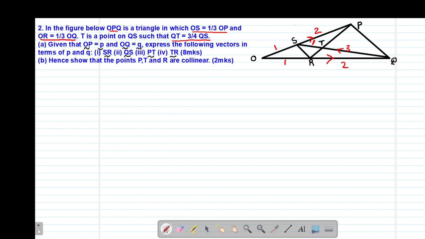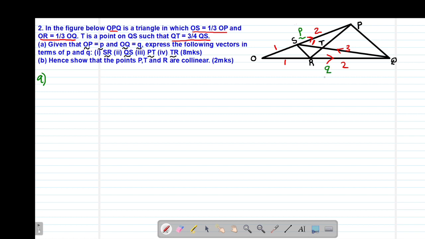Then I'm going to move to part A of the question. In part A, we are told that given that OP is P, the vector of O to P is P. So again, the direction is similar to that direction. So this is the vector P. O to P is P. The directions are the same. Then we are also given that OQ is Q. So O to Q directions are also the same.